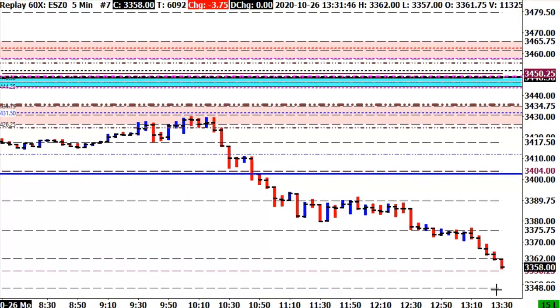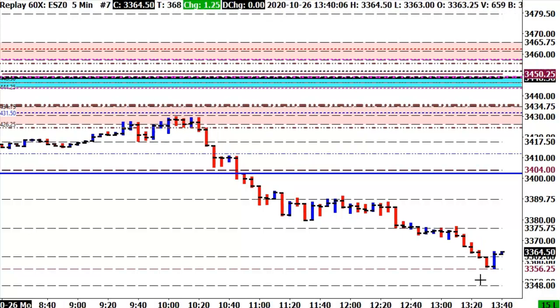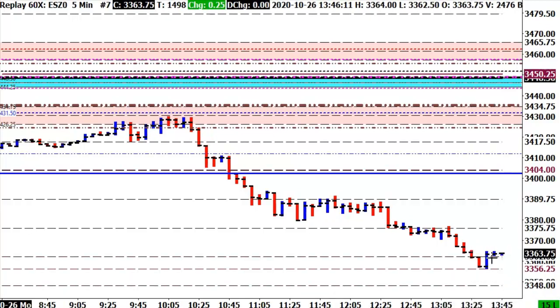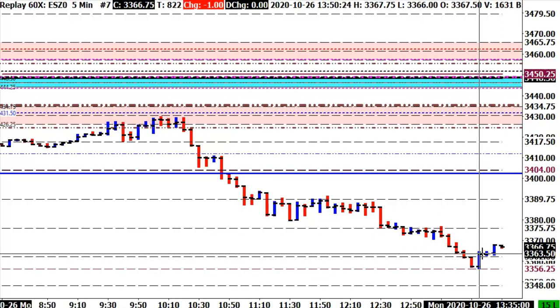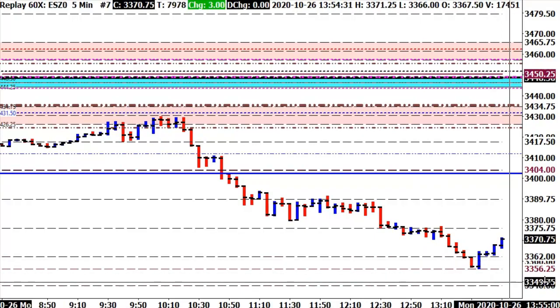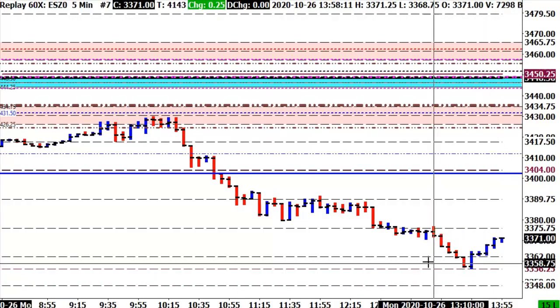So we're looking for that to go there. And then you'll see it turn and you'll see it put in a signal. I think that's it, actually. Yeah, this was the signal right here. So this was the fourth time taking this particular setup.